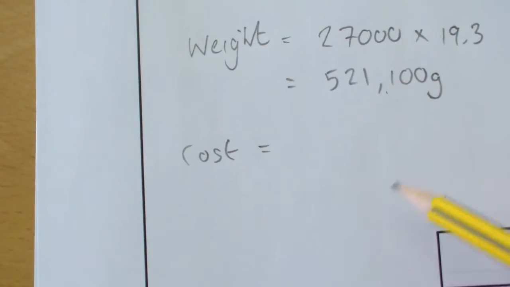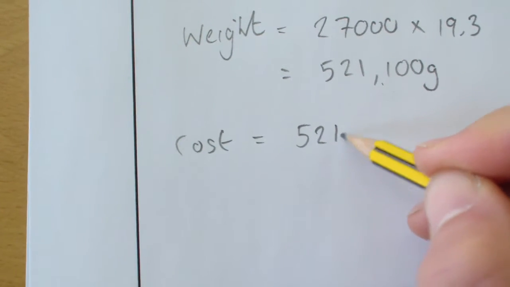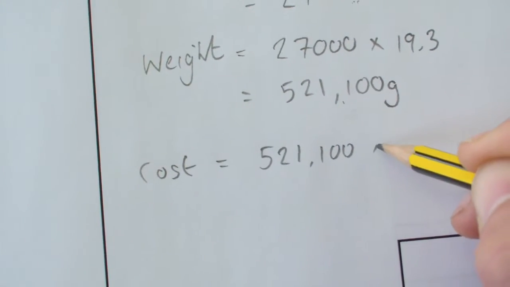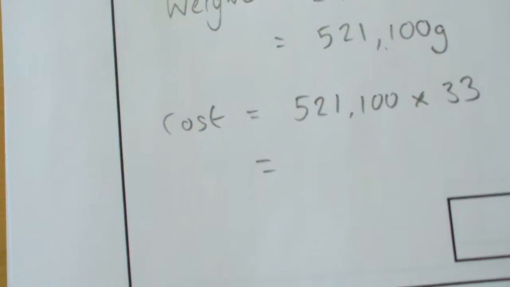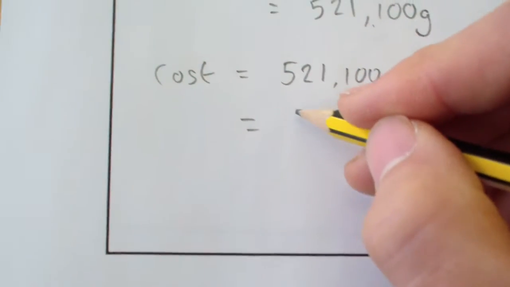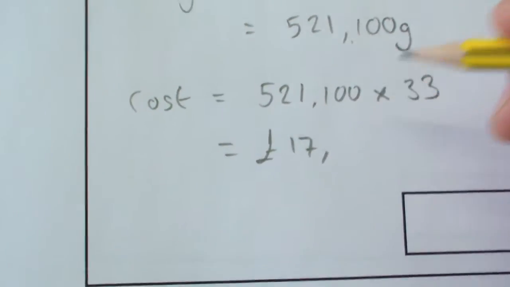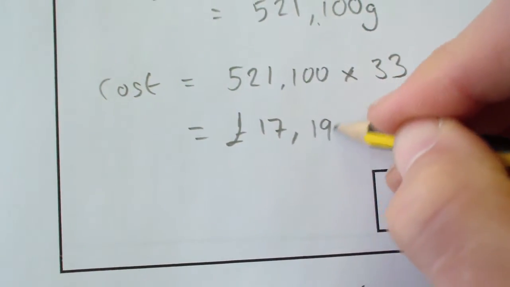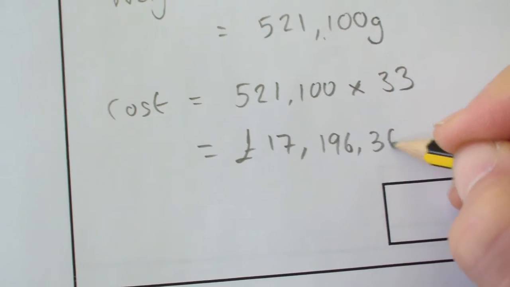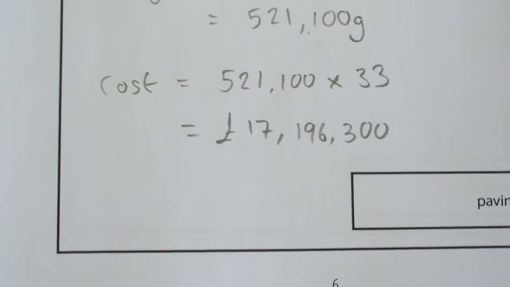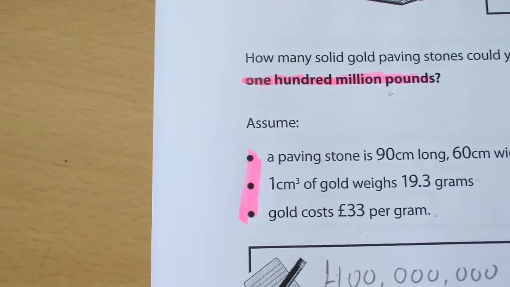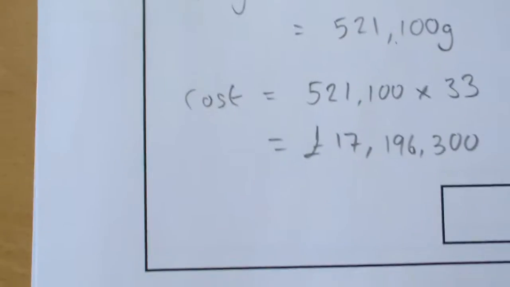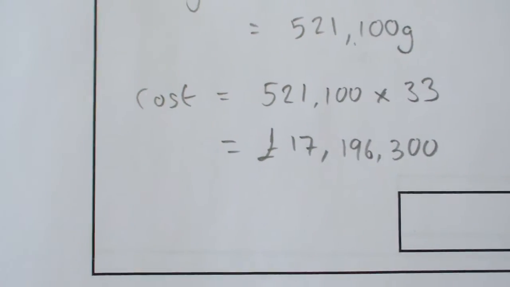And we're going to multiply our weight by the cost per gram to give an answer of, I'll write this one down before saying it, £17,196,300. So at the start we said we need to calculate how many we can buy with £100 million. Each one costs over £17 million.